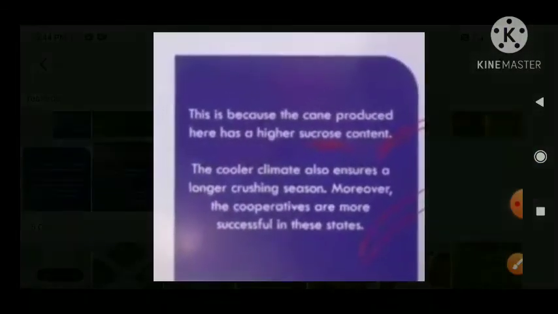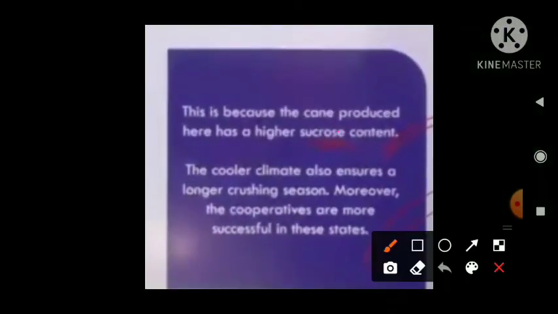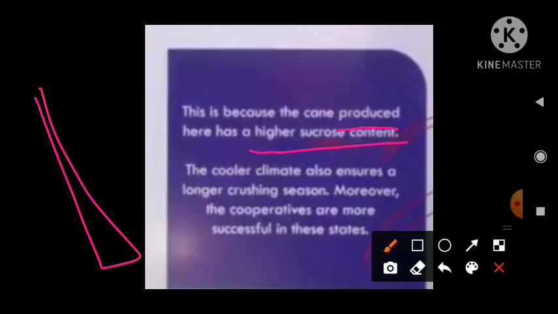Yes. This is because the cane produced here has higher sucrose content. Sugarcane has very high sucrose content, so it has a property known as haulage. Haulage is that if we keep the sugarcane for a long time, the sucrose content reduces. The cooler climate also ensures a longer crushing season.